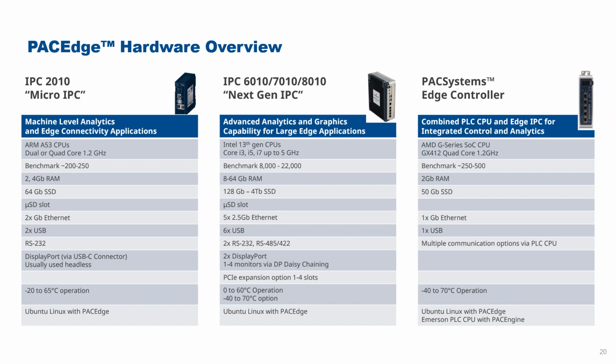We might be looking at upgrading the PACSystems Edge controller in future, but generally, as I say, it gives you a combined PLC with local analytics and local gateway capability, and it covers all of the standard functions you need. And a nice feature about the Edge controller is that it has -40 to +70 operation as standard, so very rugged.